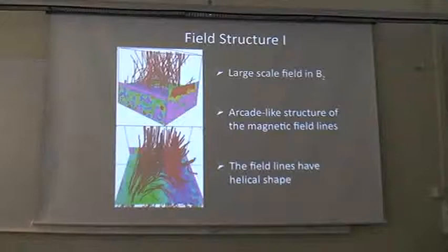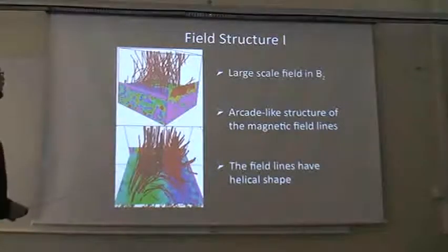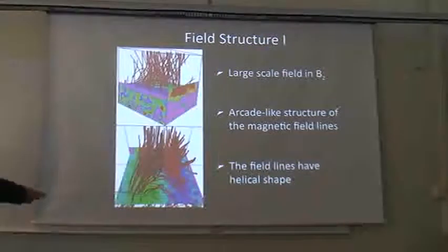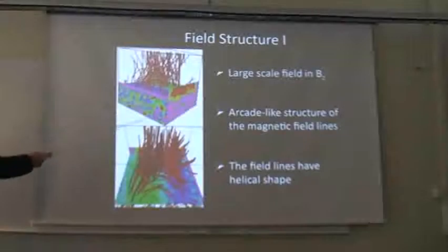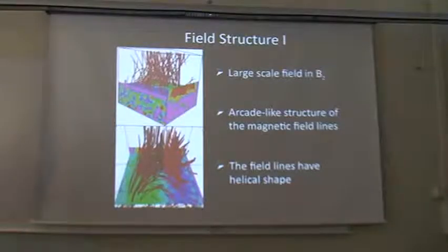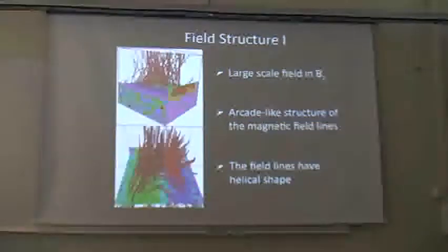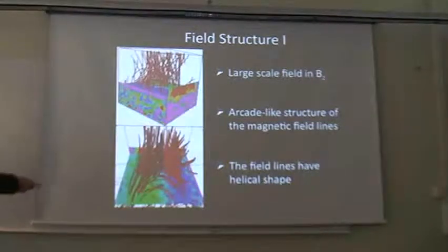Then when I look at the field structure, you get a large-scale field, which you see here in the BZ direction. So these are the two layers. And here is plotted the BZ component on the surface of the layer. You get a large-scale field, which is kind of surprising.